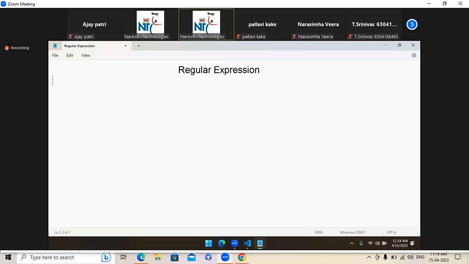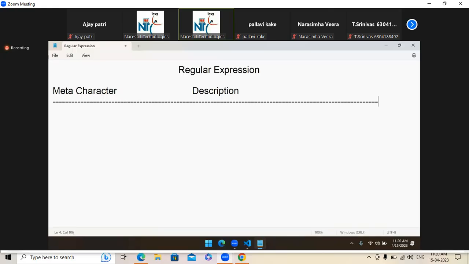Whenever a user inputs any value, to verify whether the value is according to requirement or not, we use regular expression. And regular expression is actually built by using meta characters. Few meta characters I explained yesterday. Today we will see them in detail.